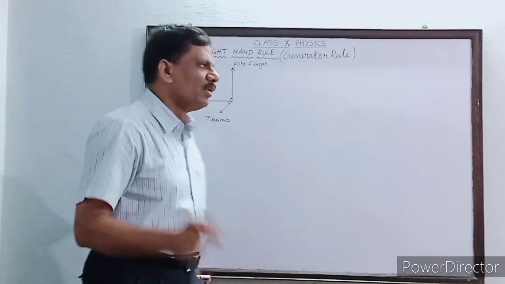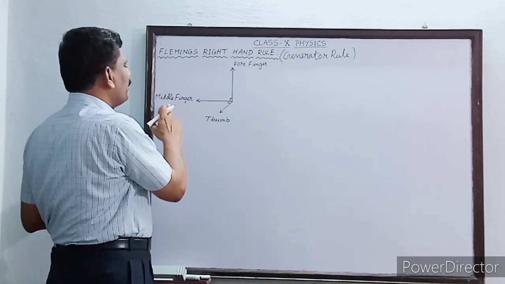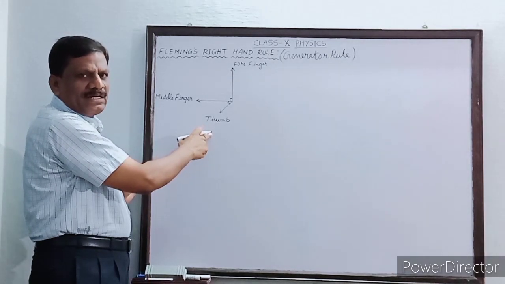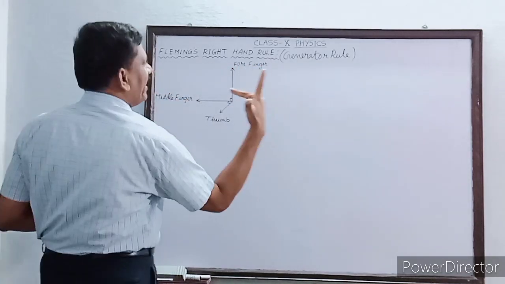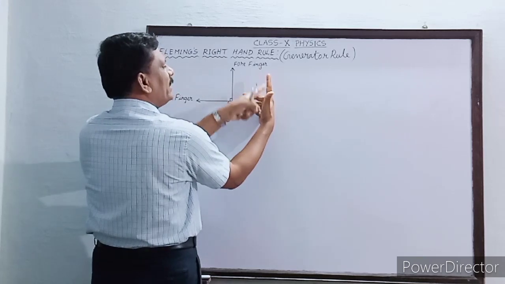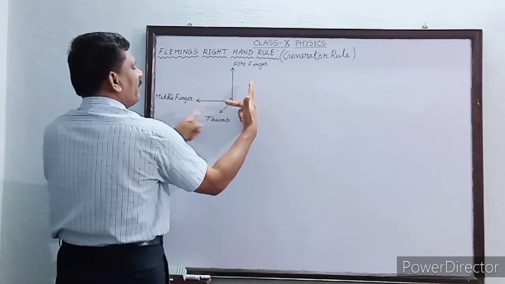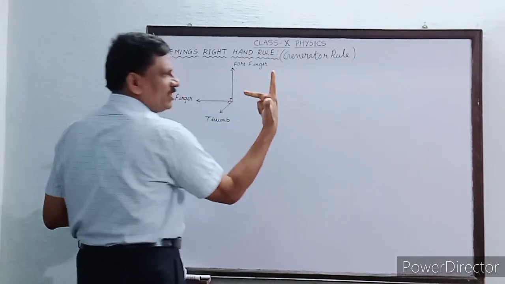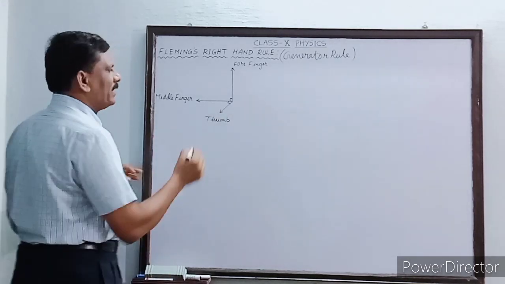Understand? So now we can look at this picture. These three fingers, namely forefinger, middle finger and thumb, are stretched perpendicular to each other. You see here, I am stretching like this. The forefinger is shown at the top, and the middle finger is shown towards the left. The thumb is pointing towards you in this position. Now what are the quantities represented by the three fingers?